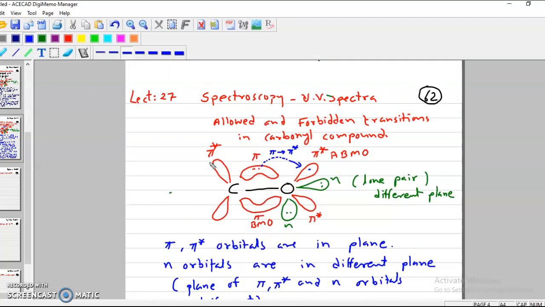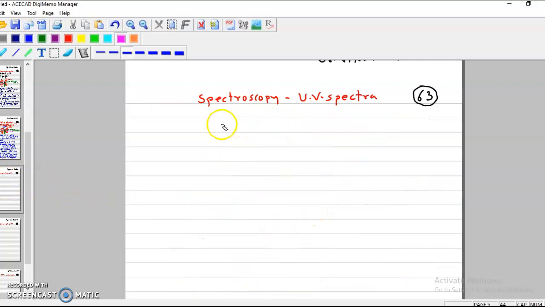But now, if an electron transfers from the n orbital to the pi star orbital, which is known as n to pi star transition, then the plane of symmetry changes because the n orbitals and pi star orbitals are in different planes. So let us discuss n to pi star transition.